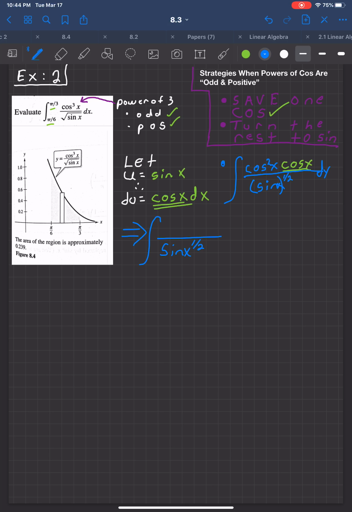So in other words, I want to turn this cosine squared right here into sine. All right, well, how do I write that? Obviously, cosine squared, again, this is just a Pythagorean identity, is just 1 minus sine squared.